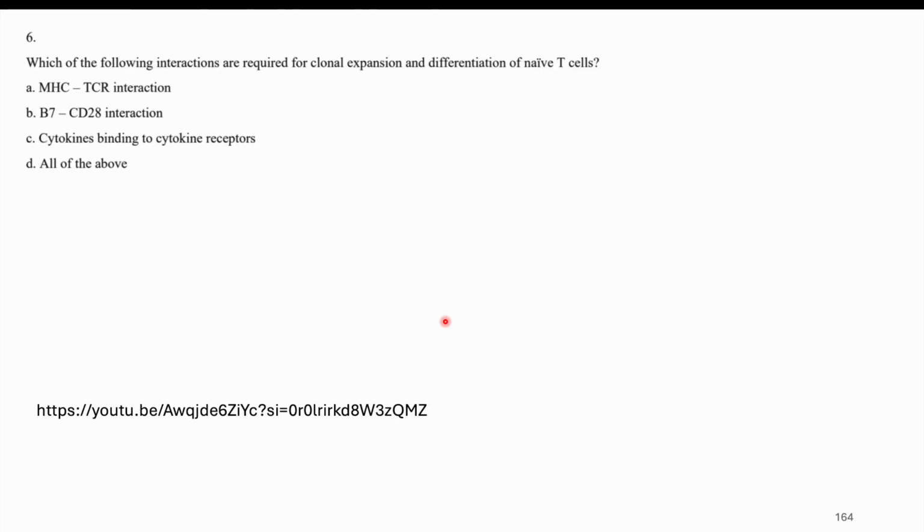Okay, so the next question for today is, which of the following interactions are required for clonal expansion and differentiation of naive T cells? Is it MHC TCR interaction, B7-CD28 interaction, cytokines binding to cytokine receptors, or all of the above?